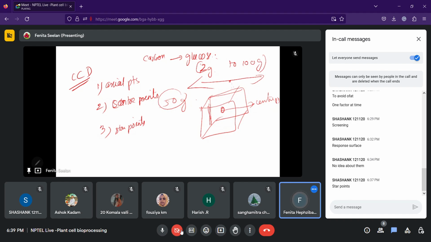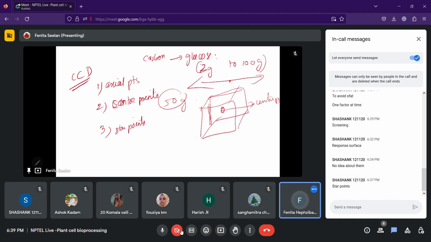Any idea? To compare and then optimize. To compare and optimize, or we can say to reduce any error.